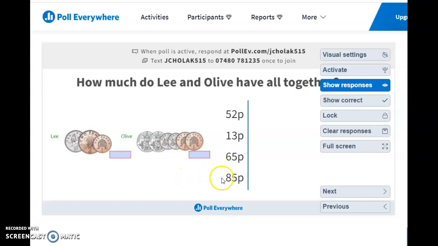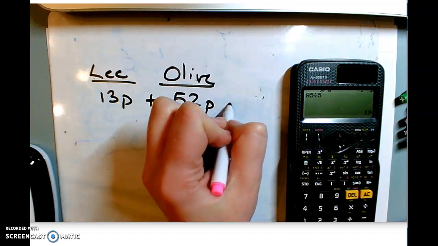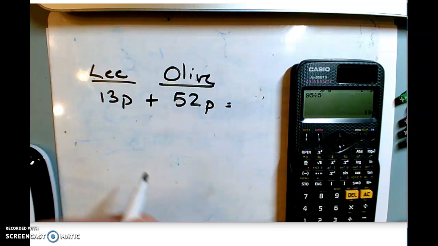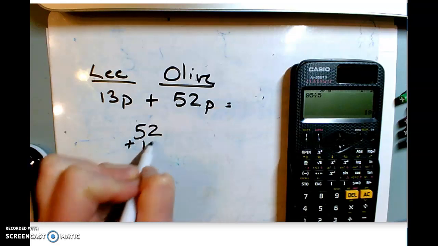And now we need to work out how much do they have all together. So this type of question here, what is it asking us? Take a moment to think about what type of operation it is going to be: adding, subtracting, multiplying, or dividing. They were asking us to add. All together means add. So 52 plus 13p.